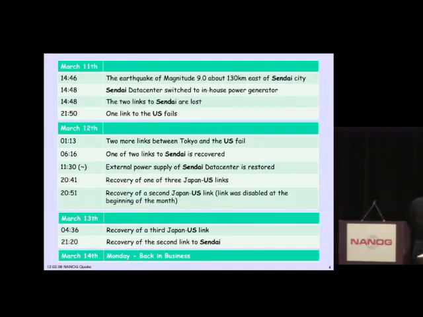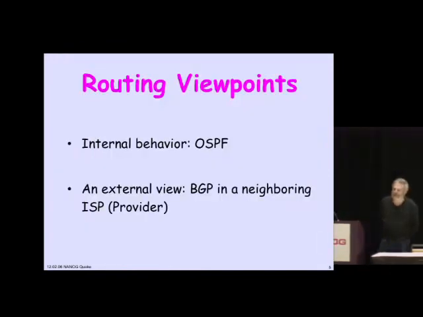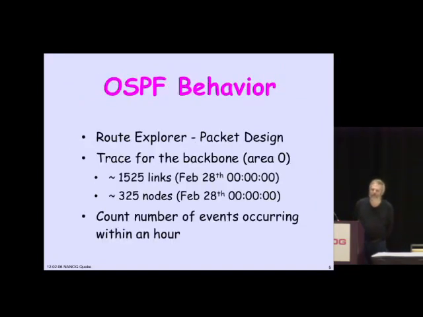Then 2 more links are lost to Transpac, and then a link is restored to Sendai, and so forth. By 2 days later, everything's back up. OSPF is the internal IGP, and we have an external view of BGP from a neighboring provider.